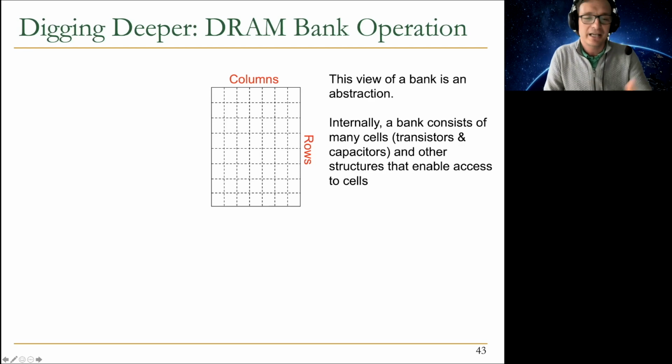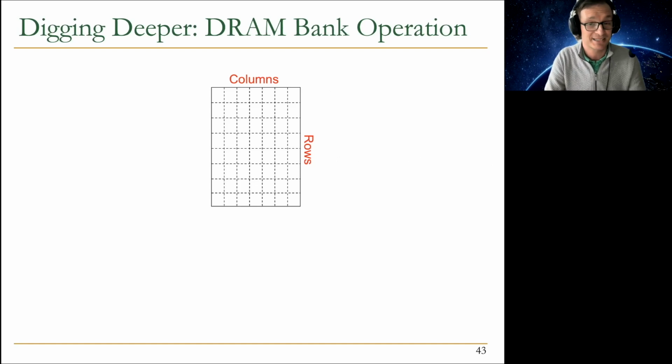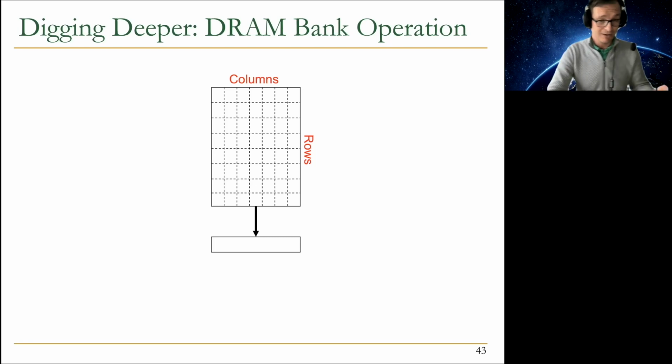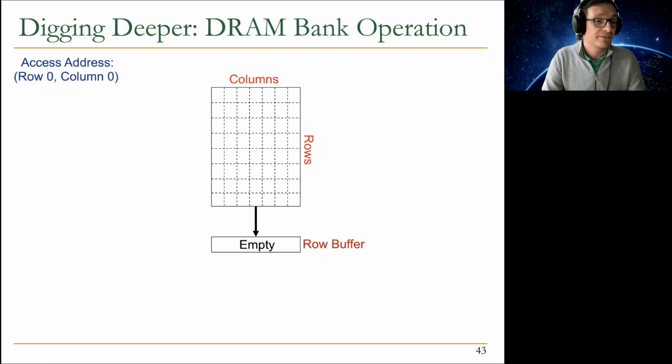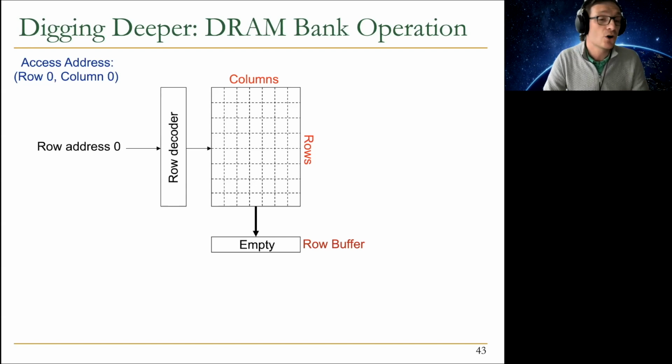If you don't understand the low level, don't worry about it right now, because we haven't given you the low level exactly yet. But at a high level, if you want to access a row in DRAM, you need to activate it and place it into the row buffer. That's how you can access any row over here. Initially, this row buffer is empty. Let's say you want to access row 0, column 0. First, you need to decode the row address.